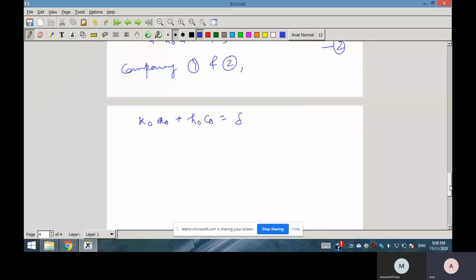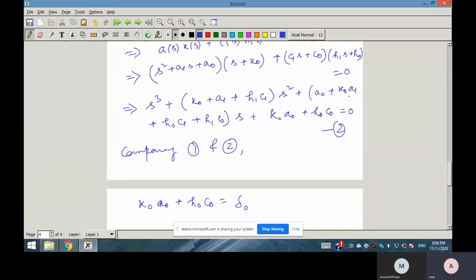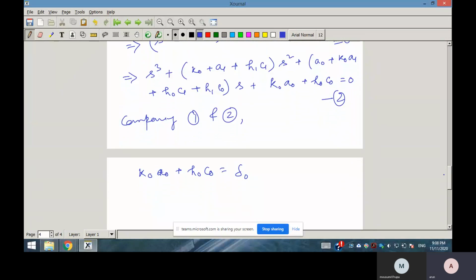Similarly this coefficient should be equal to delta 1 and this should be equal to delta 2. So a naught plus k naught a1 plus h naught c1 plus h1 c naught should be equal to delta 1. Again k naught plus a1 plus h1 c1 should be equal to delta 2.